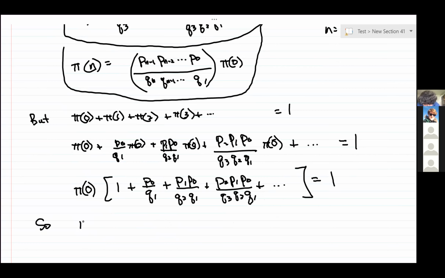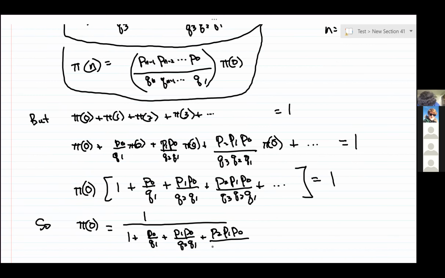So pi 0 is 1 over this infinite sum. Okay, that's what we're after.